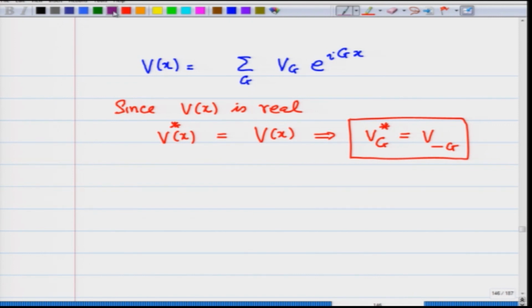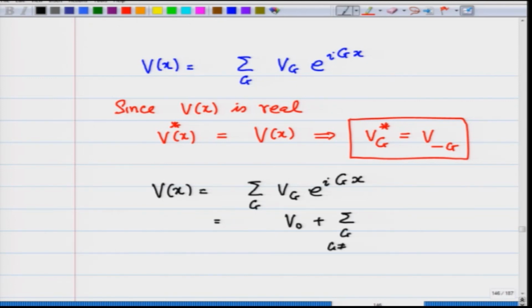I could also have written this in a slightly different form. I could have written V x, which is summation over G of V G e raised to i G x, as some V 0 plus summation over G, G not equal to 0 and G only greater than 0, of some constants, let us call them V bar G, times cosine of G x.